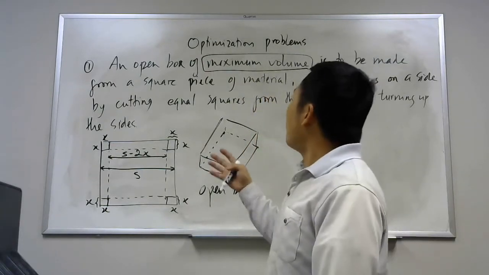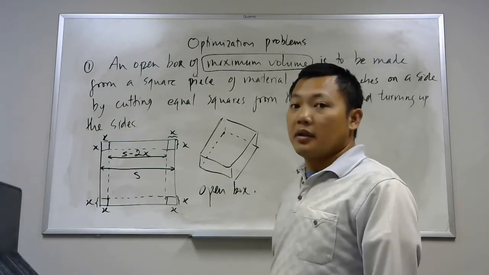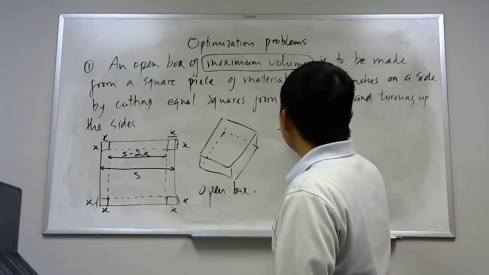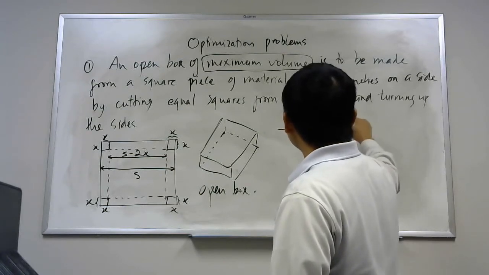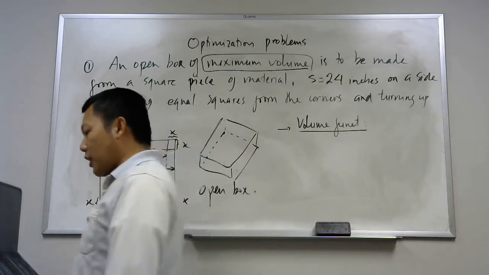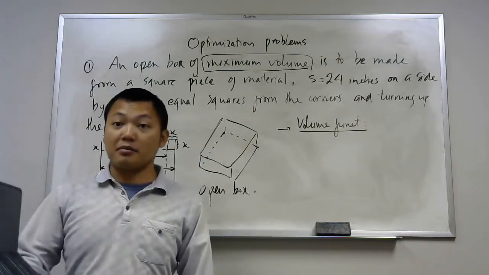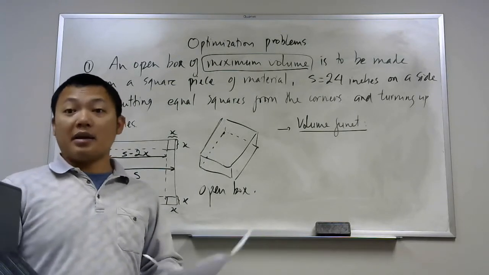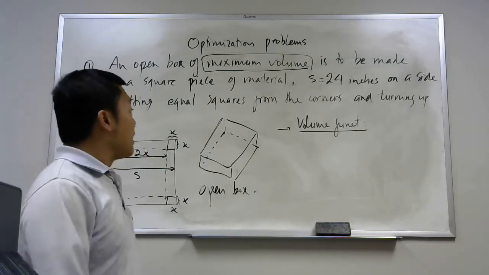Since they ask us to find maximum volume, first we need to find the volume function. Once we have the volume function, we try to maximize this function, or just find the maximum, or in this case, the absolute maximum of this function.